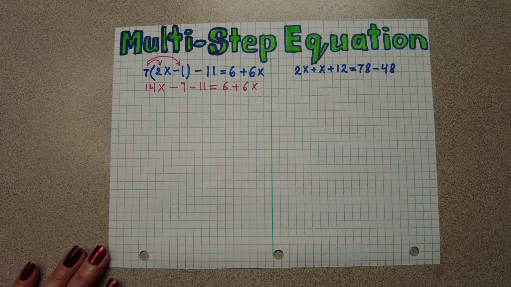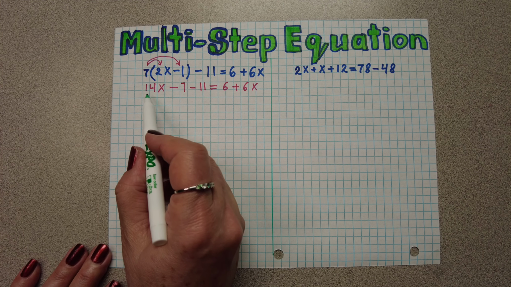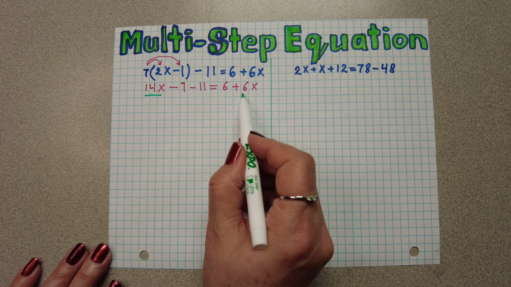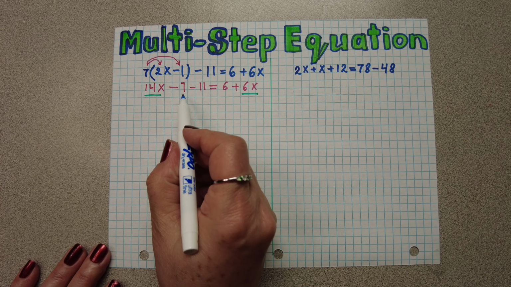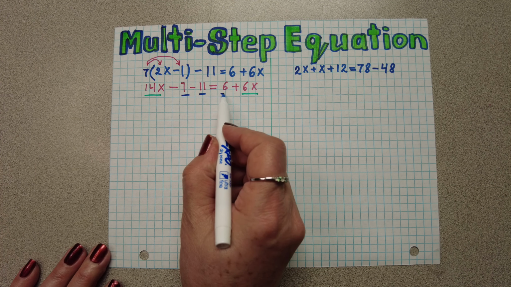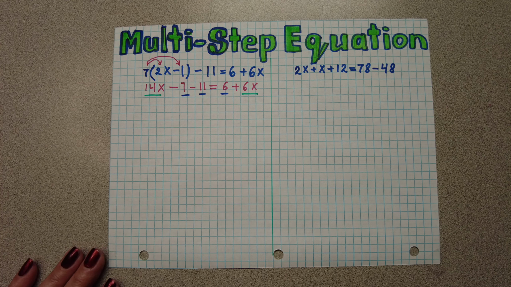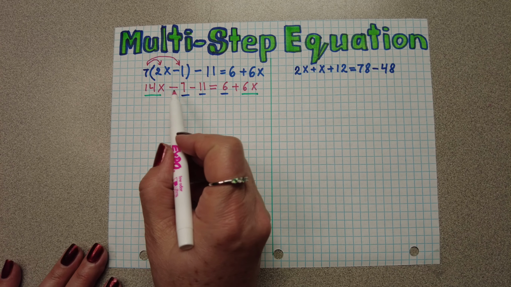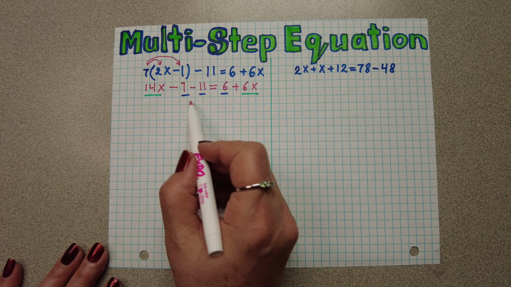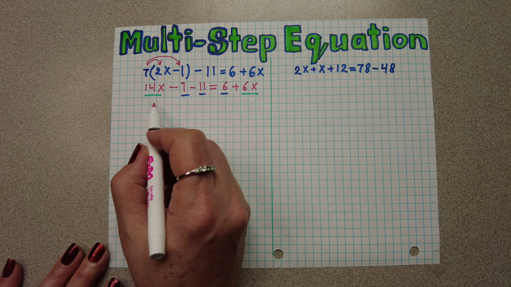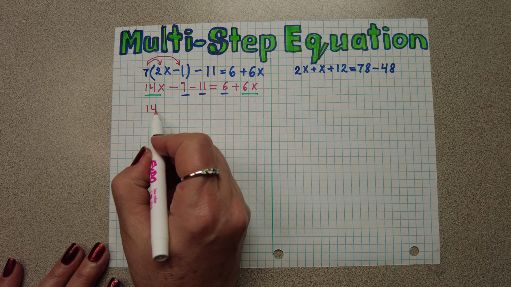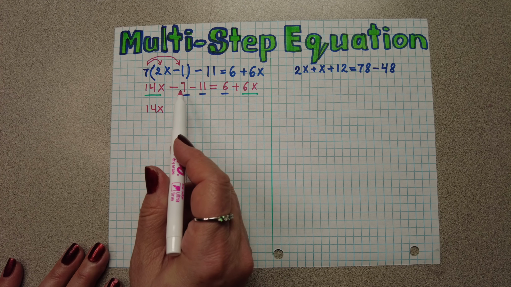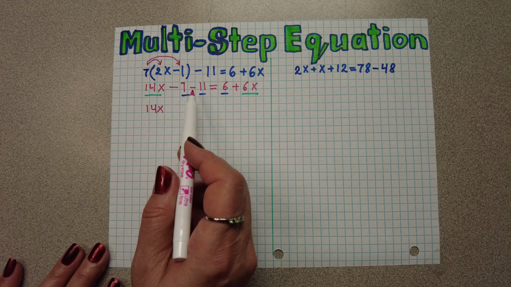Now we have two variables and we have numbers. We're gonna combine all together. The next step we do is combine these two numbers together on the left side. Let's start doing it. What do we have? 14x minus 7 minus 11 equals 6 plus 6x.